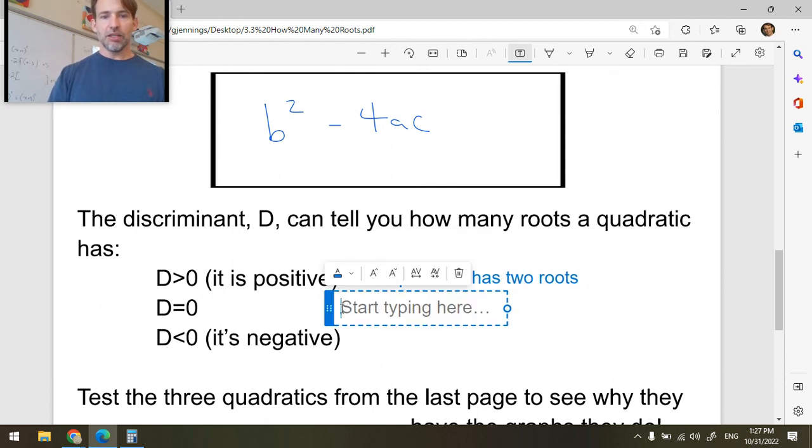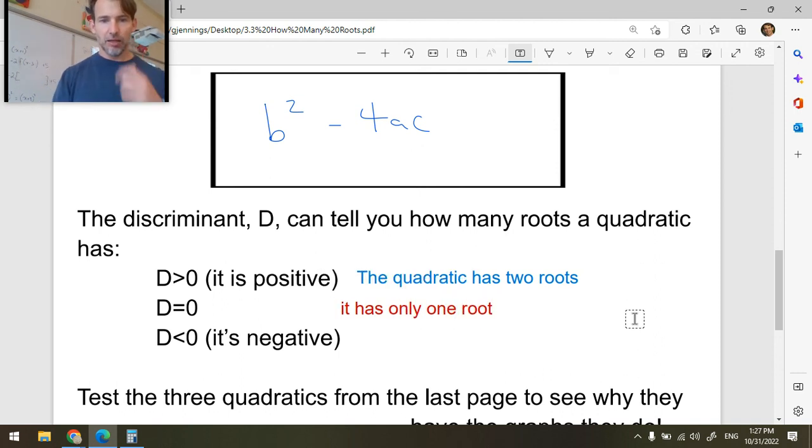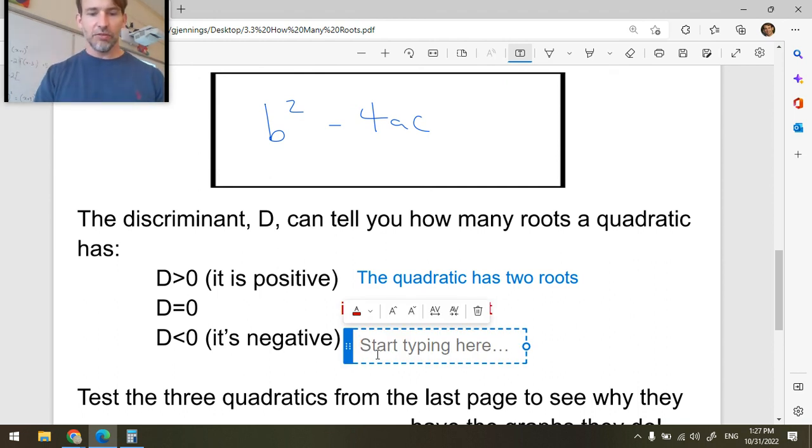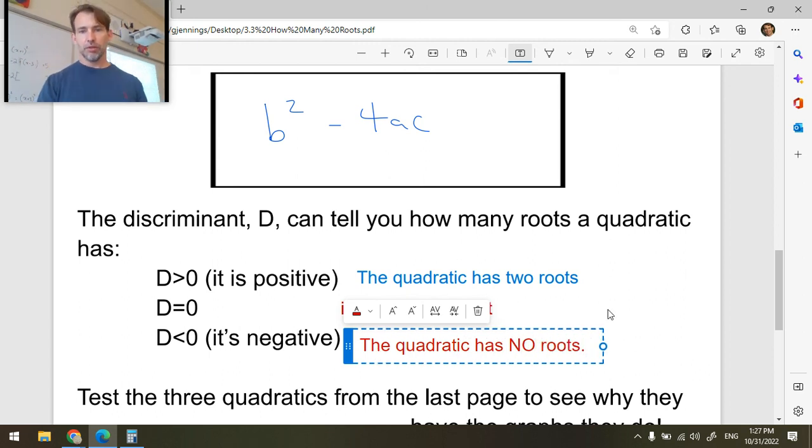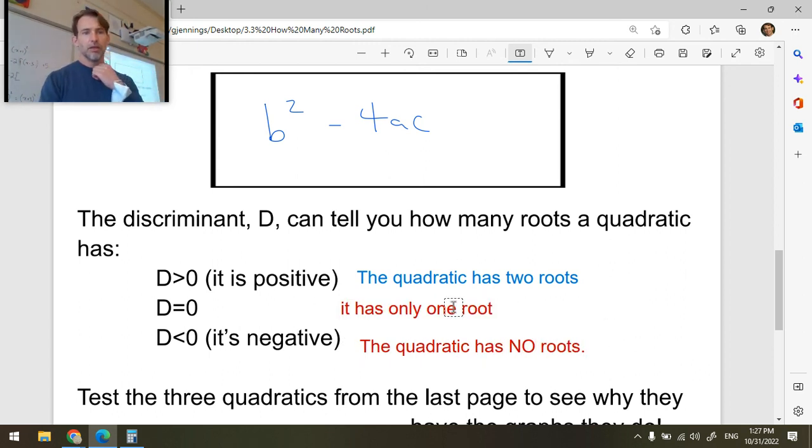In this case, if d is 0, then the quadratic has only one root. And then if d is less than 0, if it's negative, the quadratic has no roots. So this is what d is going to be telling you in these three different situations.